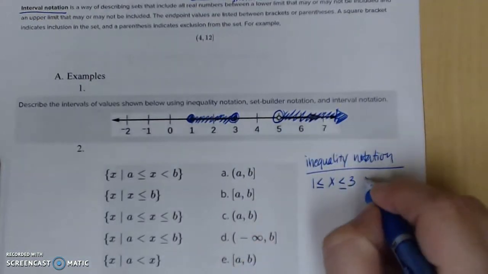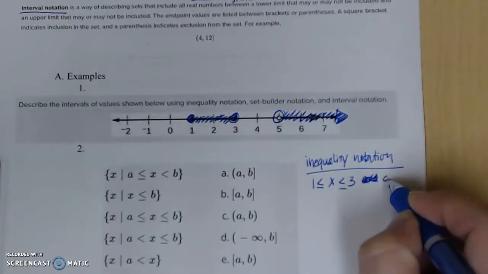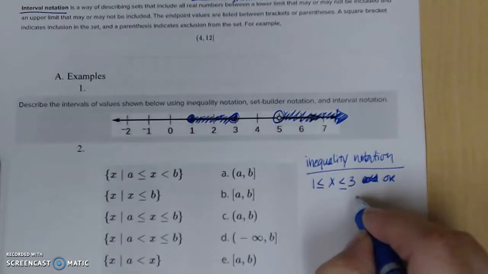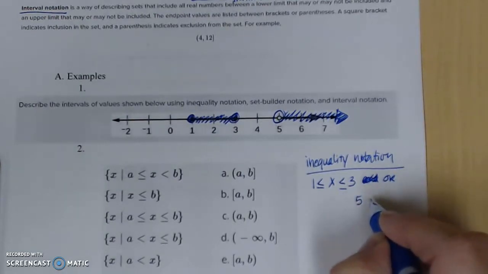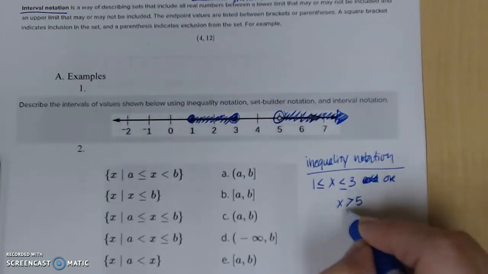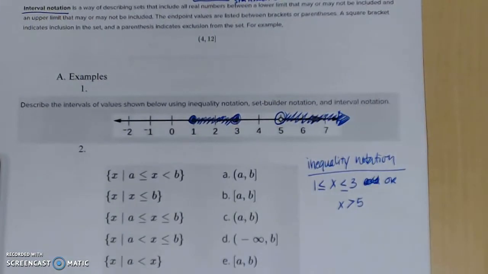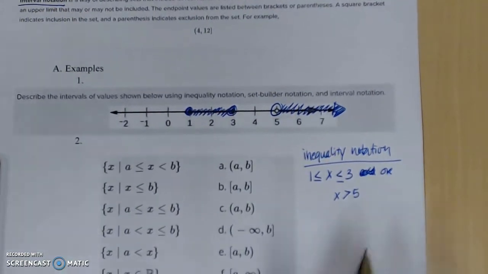So I would say, and, actually, they'll say, or X is greater than 5, because we want all the numbers bigger than that. We would not put a bar underneath it because there's a circle there. Using this inequality notation helps us to set up our set builder notation.